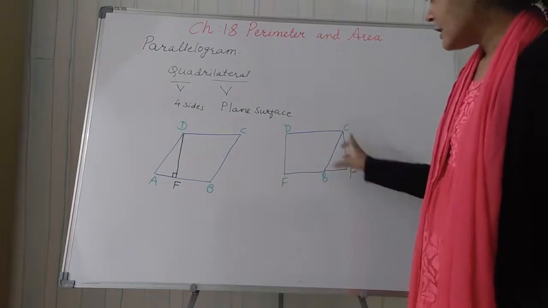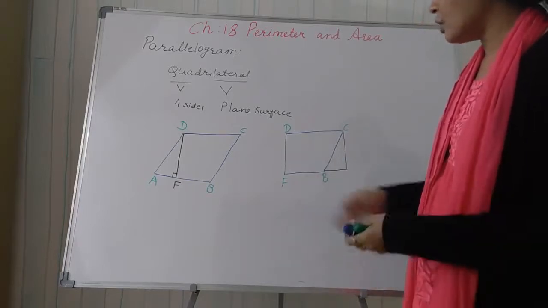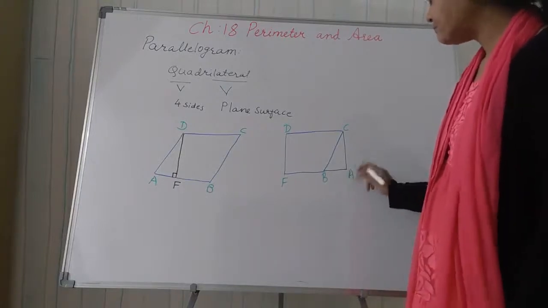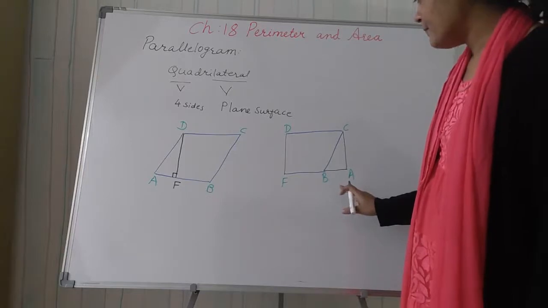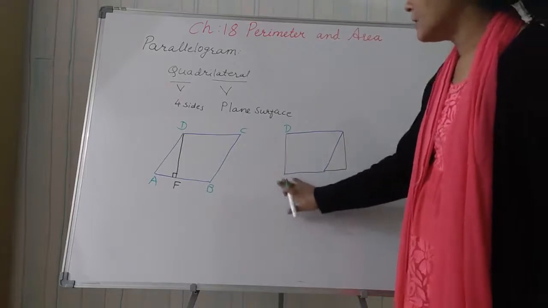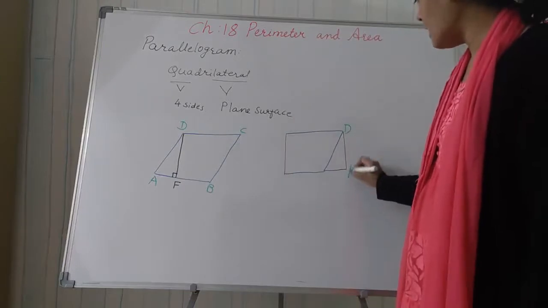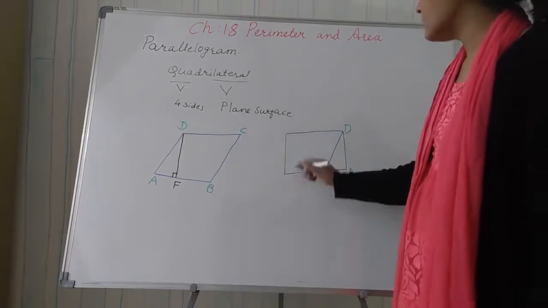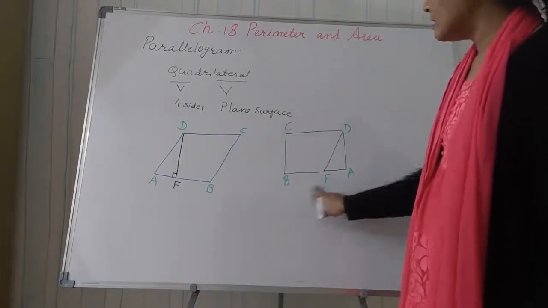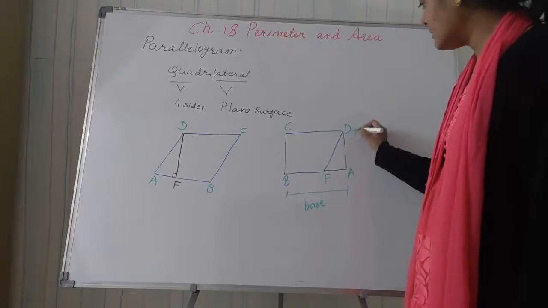So now, students, this is a rectangle in which this is the height. Here I will put A, and here DAF, and this is B and C. Now check here: this AB is the base, this whole is the base, and this is the height.